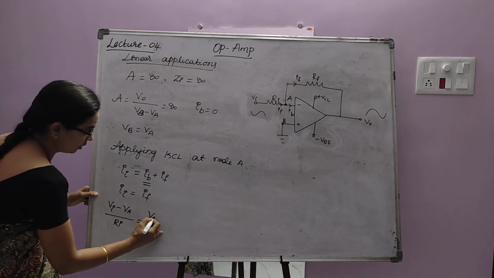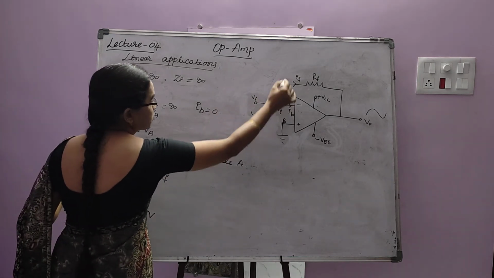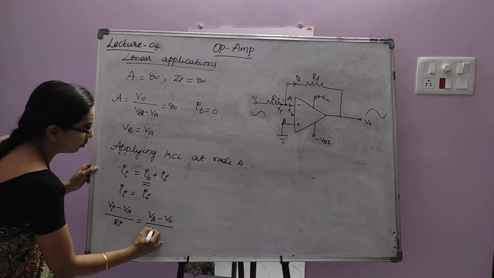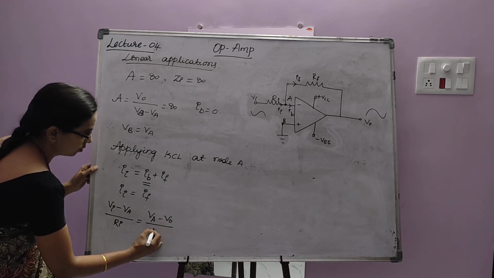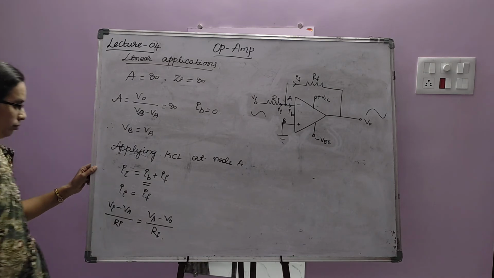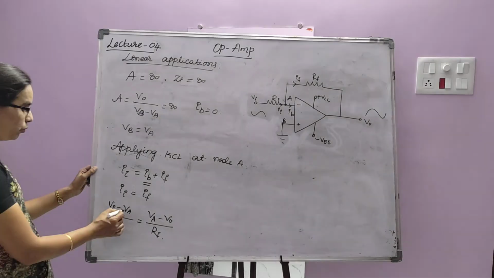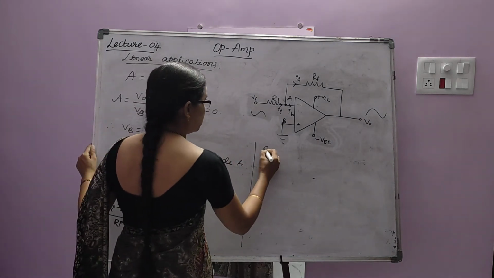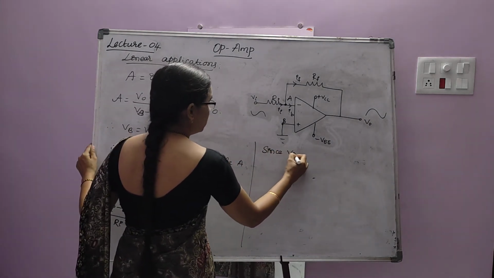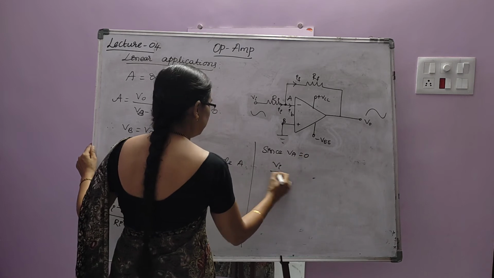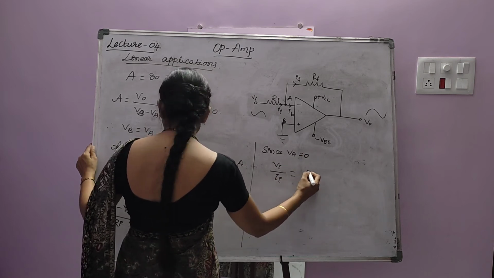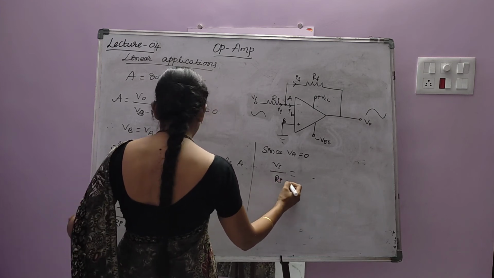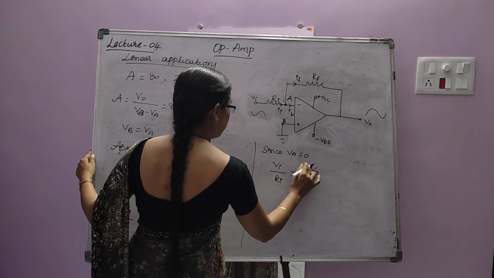and IF is the current flowing from this point to the output, therefore VA minus V naught divided by RF. So as we know, VA is equal to 0, so VI by RI is equal to minus V naught by RF.